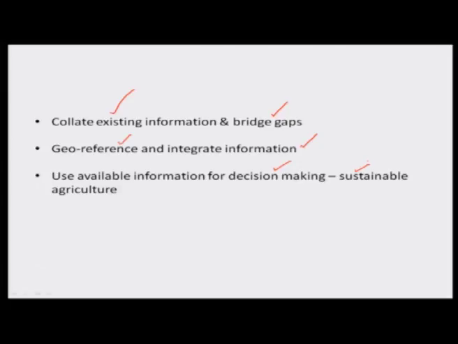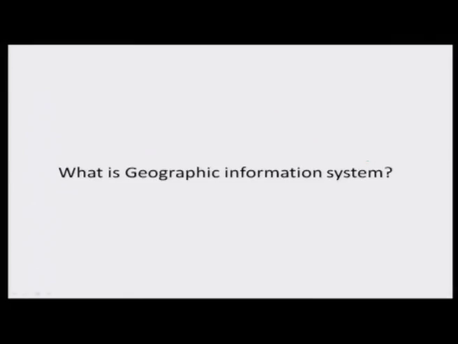This is what we would like to sum up in the first lecture: these are all the requirements. Then we were talking about what geographical information is. Geographic information is nothing but geography.